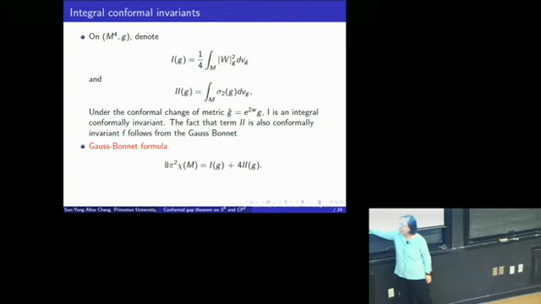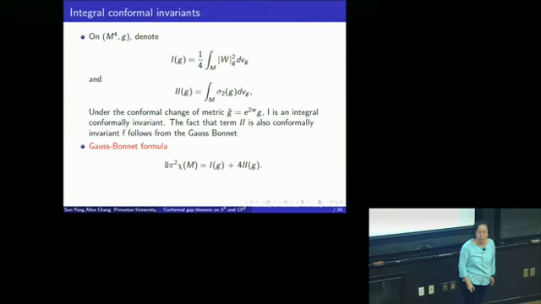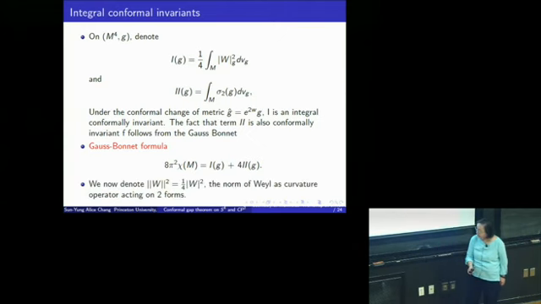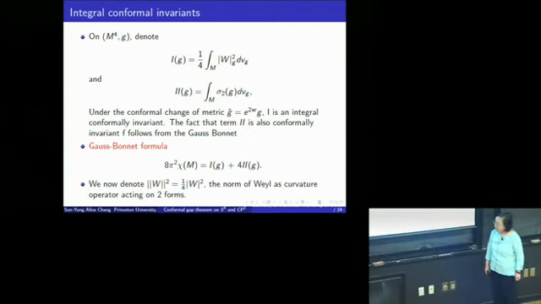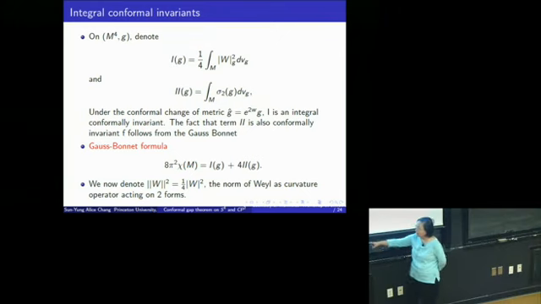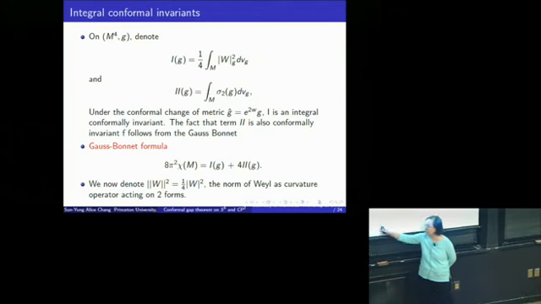So in a compact 4-manifold without boundary, the Gauss-Bonnet is written as functional 1 plus 4 times the second functional. So if 1 is conformal invariant and this is topological, then the second thing is conformal invariant. And for the rest of the talk, let me denote this Weyl square in this double line norm to be 1/4 Weyl square.